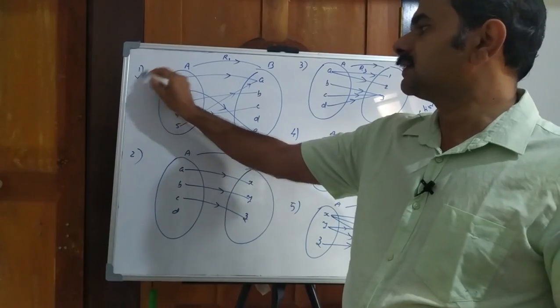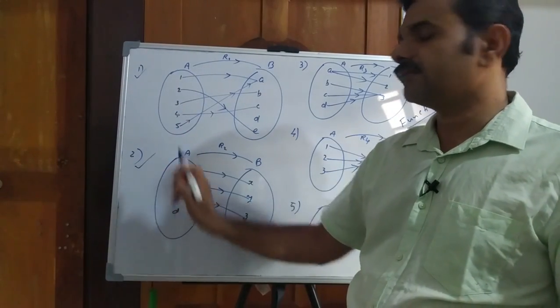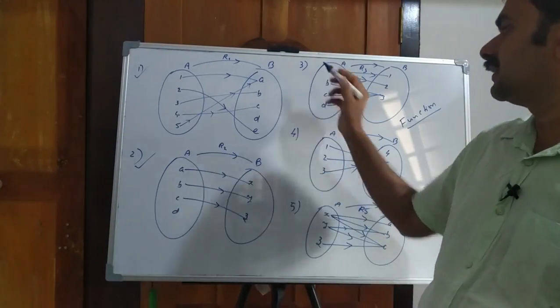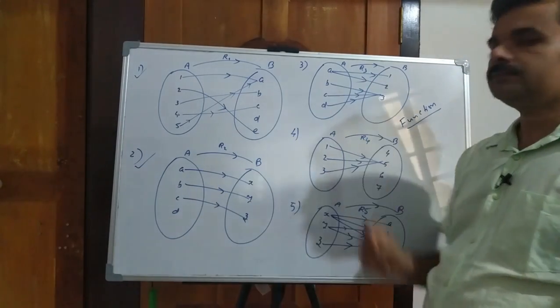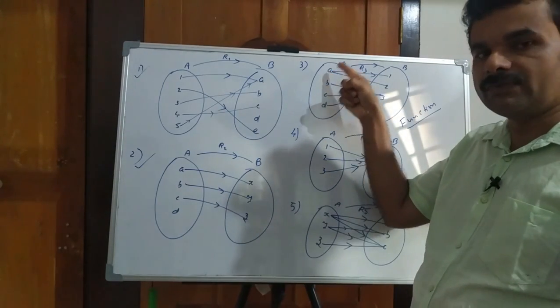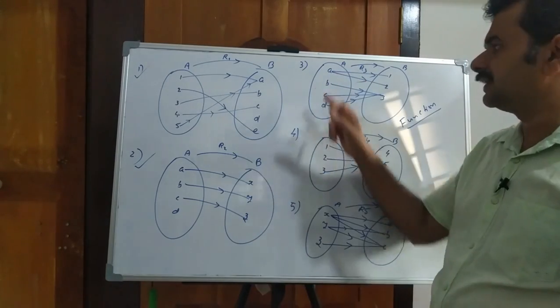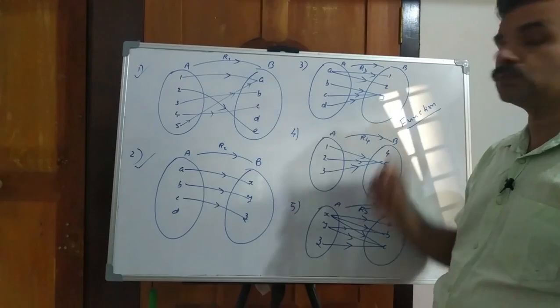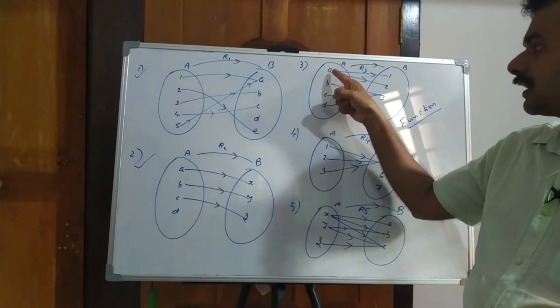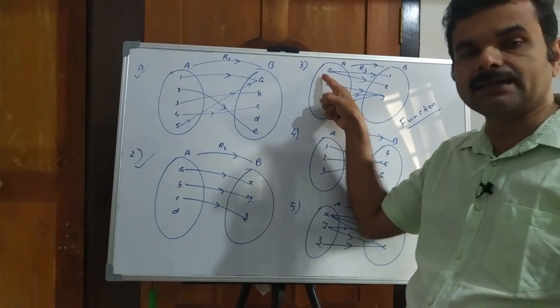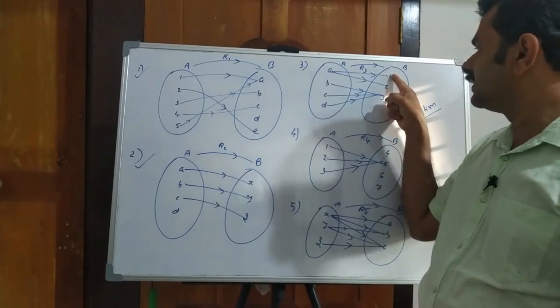R1 is a function. R2 is not a function. See R3. Every element of the set A has images, isn't it? A has images 1 and 2. How many images for this element A? 2 images.